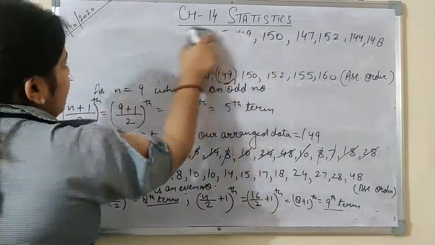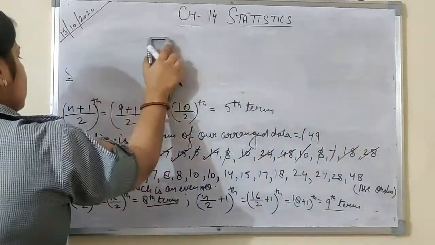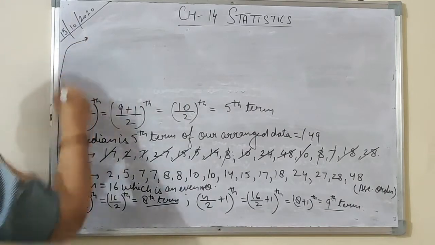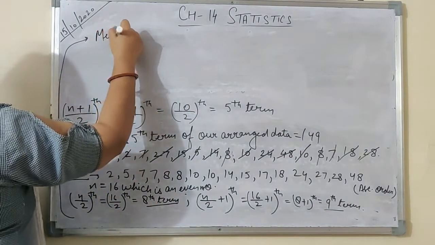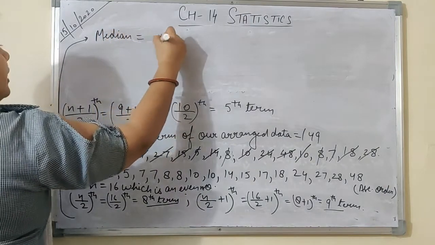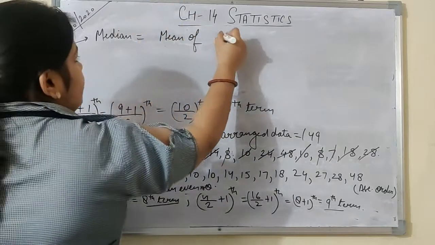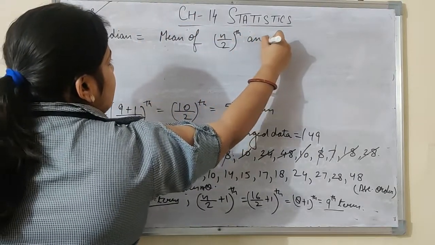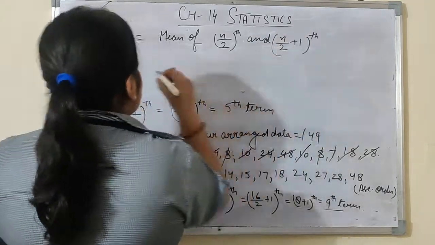As we have to find the median, the formula for finding the median is the mean of the n by 2th and n by 2 plus 1th terms.